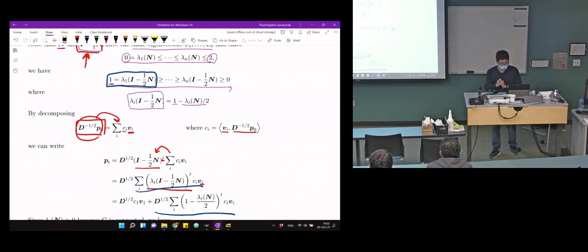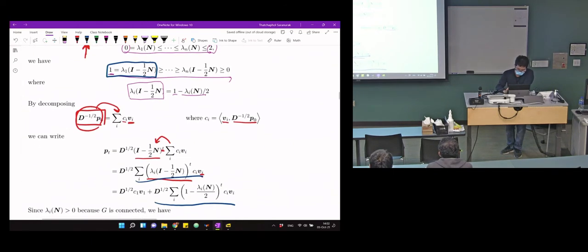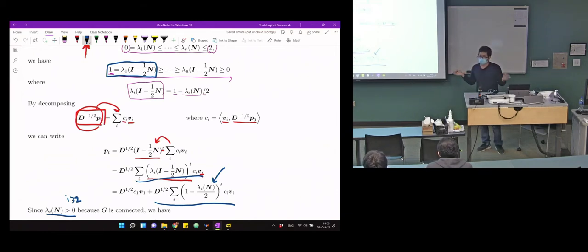Now we are in a very good shape. Why is that? As t tends to infinity, this becomes 0. For each of these terms, when i is at least 2, this is more than 0, because we know it is 0 if and only if the graph is not connected, but the graph is connected.